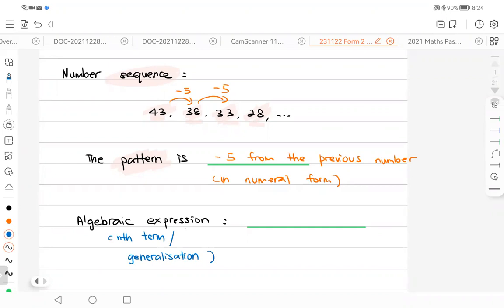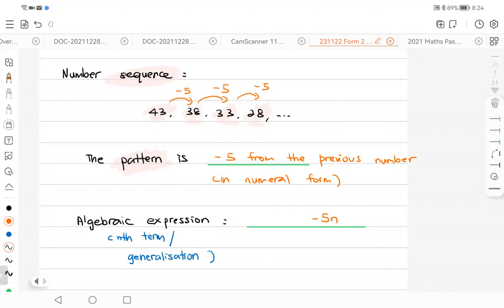Okay, you have two ways to write. One is the formula that we have learned previously. If you look at the difference, it is -5, so we start with -5n. Repeated minus is just like repeated addition. 5n is positive, but if it's minus, then -5n.